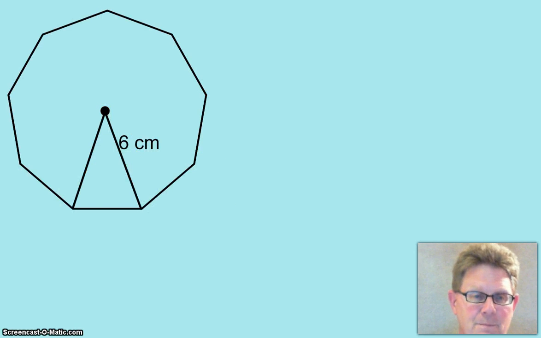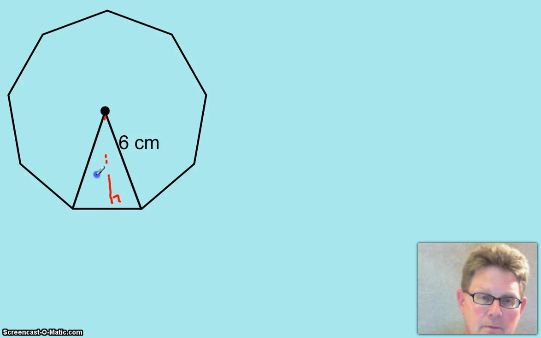Alright, here you go. This is 1, 2, 3, 4, 5, 6, 7, 8, 9. It's a regular nonagon. This time I've given you the radius. Again, you're going to have to find the apothem and half a side.